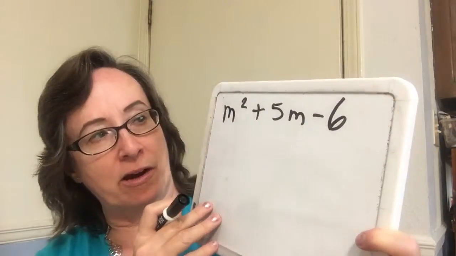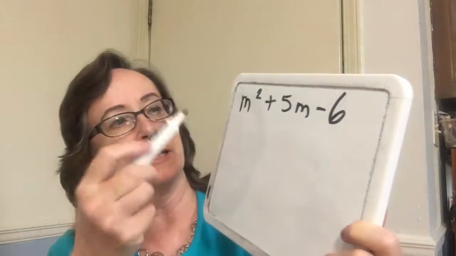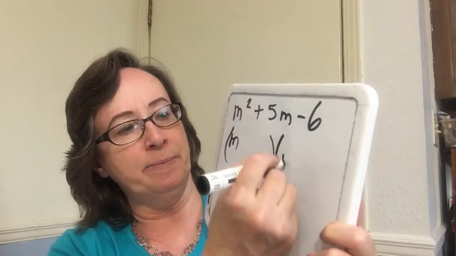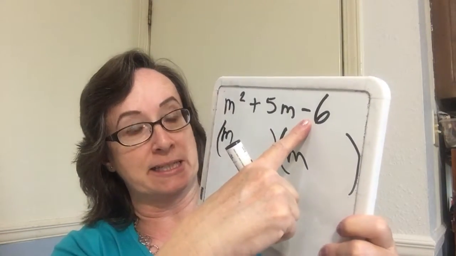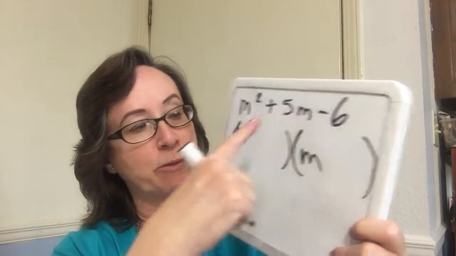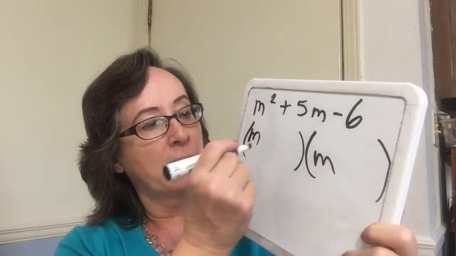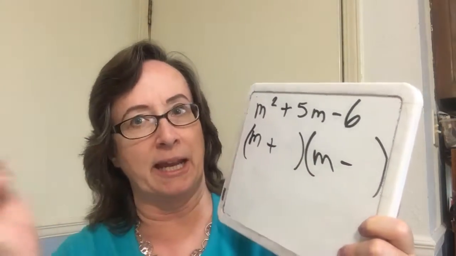All right, so here we have some more problems, and these again are our easier type of problems that have just a 1 on the front. And we're going to break this into an m and an m because of the m squared. Now we have a difference of two terms. So we've got a plus and a minus because the product is negative. So I'm going to go ahead and put my plus and my minus in there because I just have an m and an m.